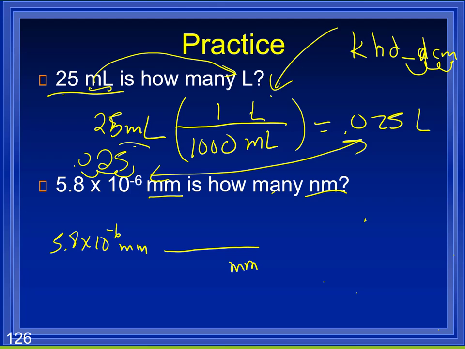So this goes here. What can I turn millimeters into? I can turn millimeters into the base unit, meters. Which is bigger, the meter's bigger, so it gets the 1.